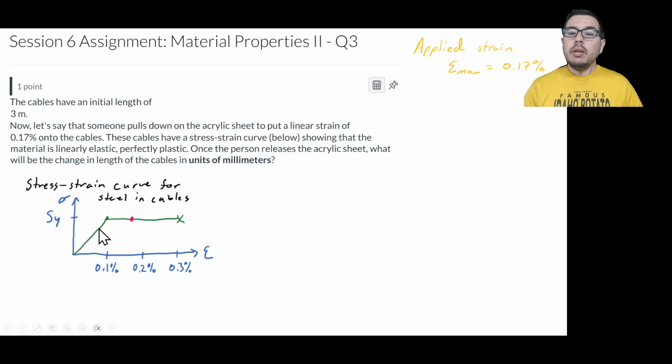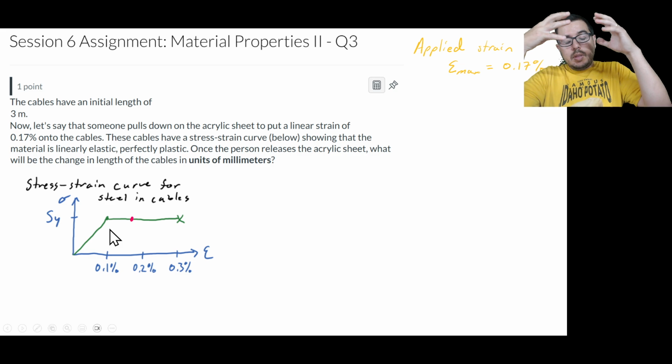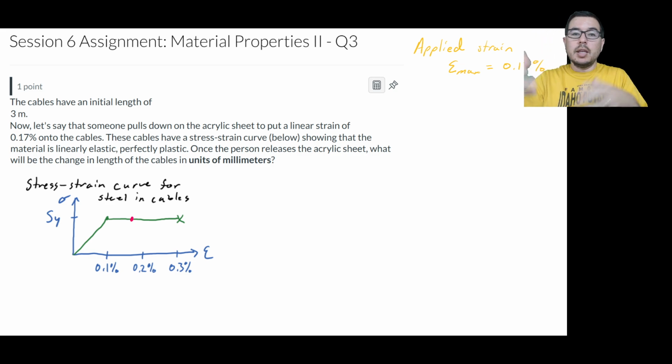Well, if this point were over here in the elastic regime, right, and we were to let go, which is what we're talking about, says once the person releases the acrylic sheet, meaning the cable's supporting this acrylic sheet, and this comes from a prior problem that we've looked at in previous assignments.